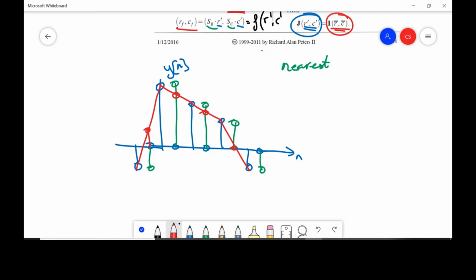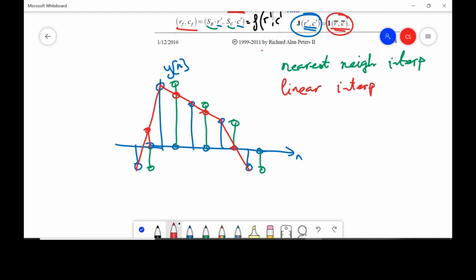And we have already learned that this way of joining with lines is equivalent to convolving with the triangle. But let's forget about the convolution. This other possibility is called linear interpolation. This is nearest neighbor interpolation. And this one is called linear interpolation.